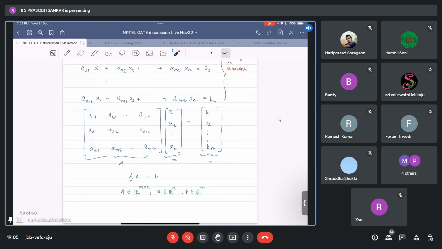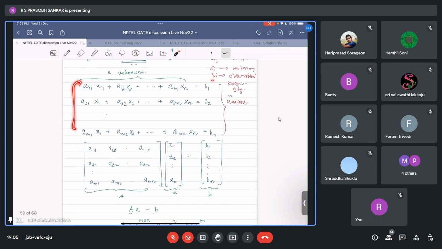Now, this entire system can be compactly represented using matrix vector notation. We can write this system as a product of a matrix with a vector equal to some other vector. We have a11, a12 up to a1n, a21, a22 up to a2n, like that. We form a matrix called the A matrix. Then we collect the unknowns x1, x2 up to xn in this vector. Similarly, we have b1, b2 to bm in this vector.